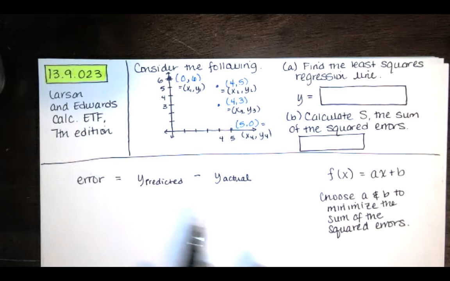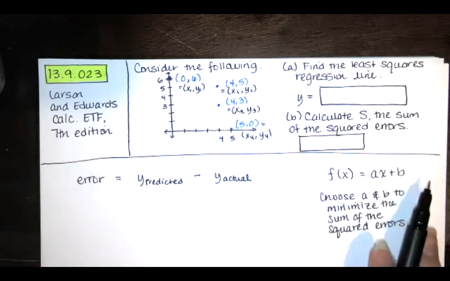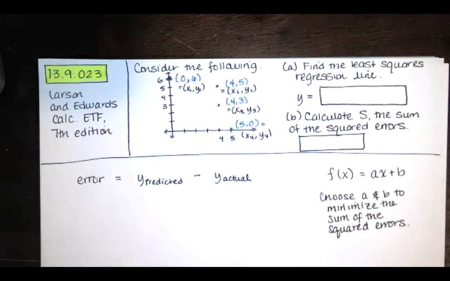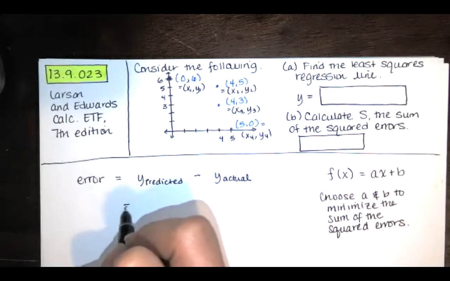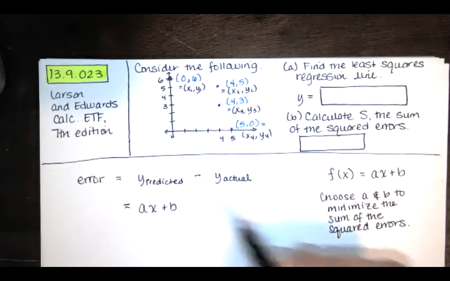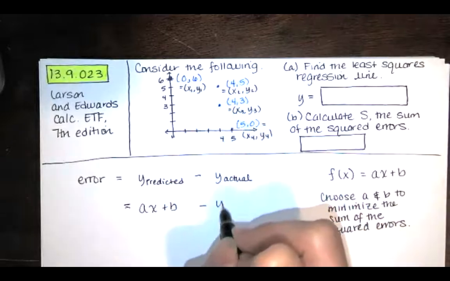And an error is just the difference between the y value that is predicted by this line and the actual y value in a particular ordered pair. So if this is our predicted y value, y predicted is going to be ax plus b, and the actual y value will be the y value in this ordered pair over here.